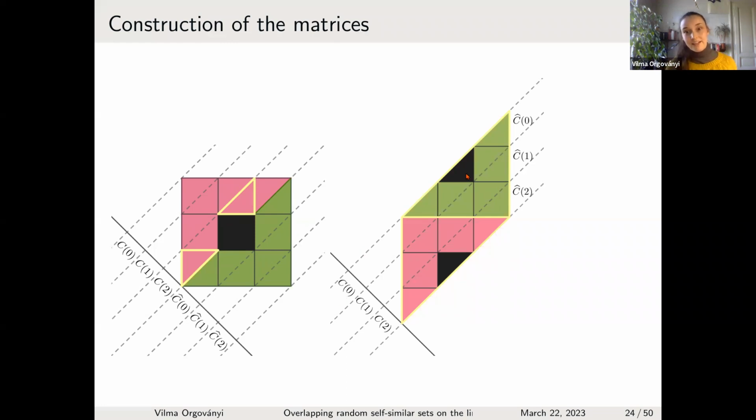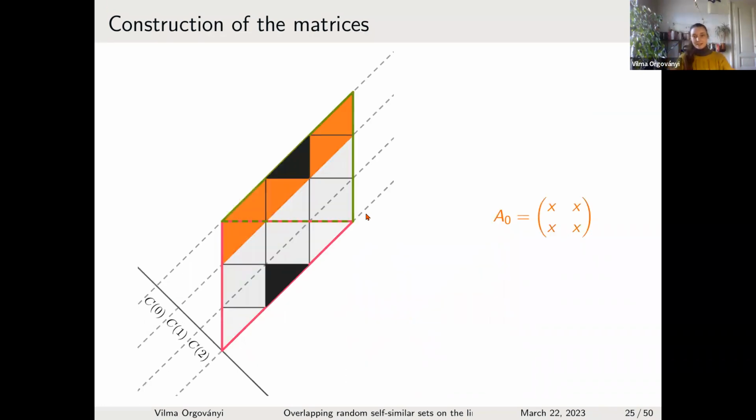If we consider the subcolumns of these triangles, then we see that their columns coincide. So the C0 column of the pink one will be the same as the C hat 0 column of the green one, and similarly with the first and the second column. So this is the picture we should keep in mind when we construct the matrices.